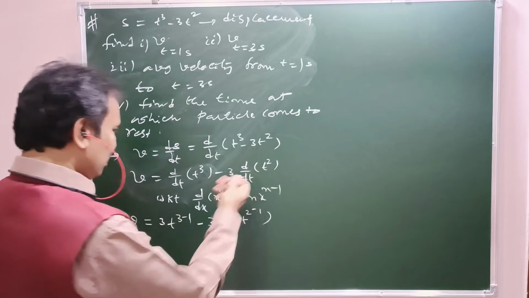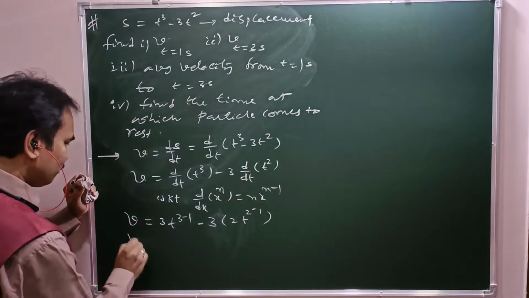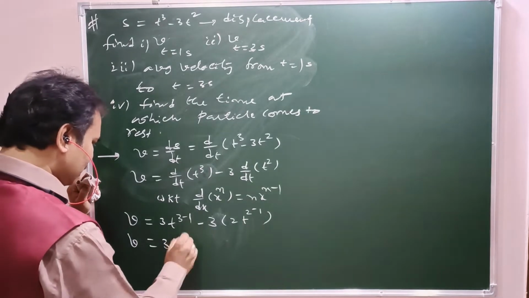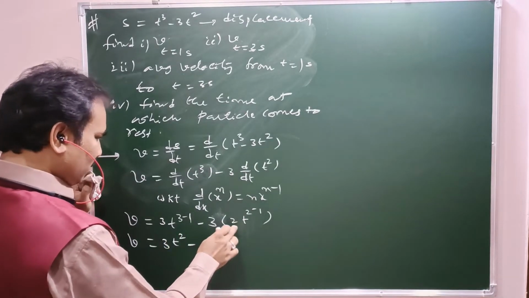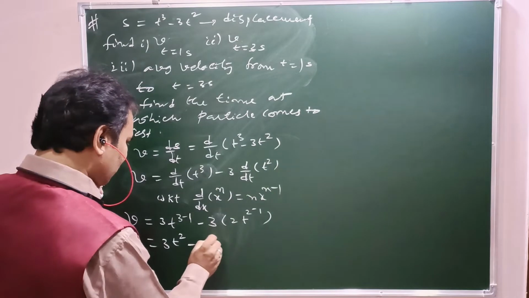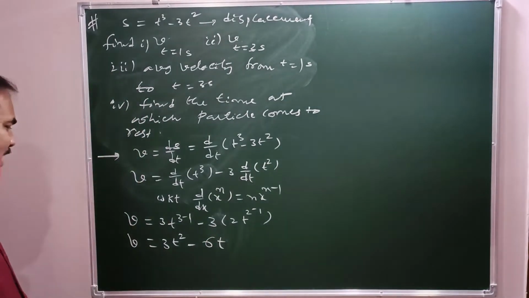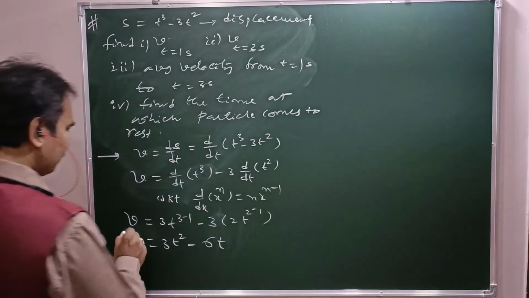So this is the solution. Therefore v equal to 3t square, since 3 minus 1 means square, minus 3 times 2 is 6, into t. That is v equal to 3t square minus 6t. This is the expression for velocity.